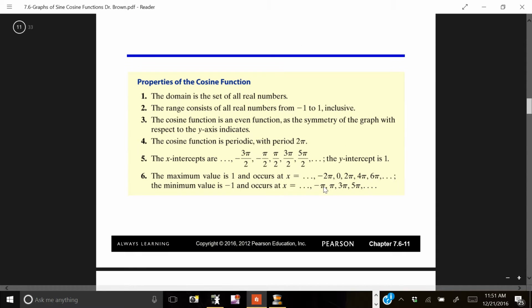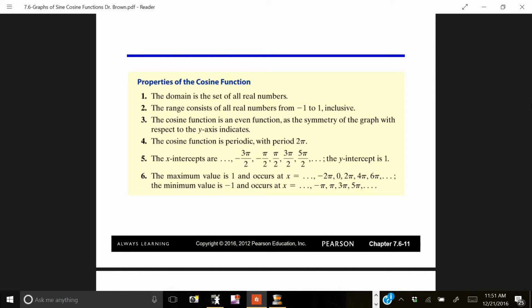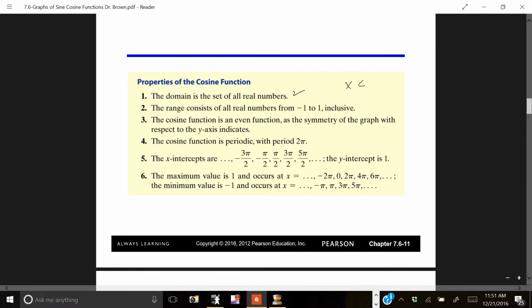So now we have similar characteristics for the properties of the cosine function. The domain is also the set of all real numbers between minus infinity and plus infinity. And the range is from minus 1 to plus 1 inclusive.